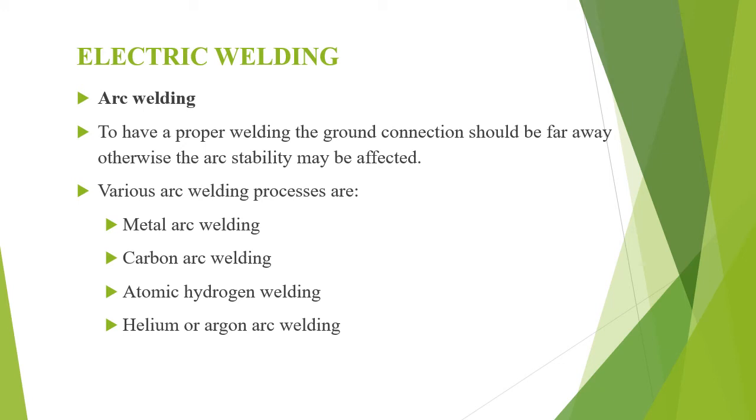To have a proper welding, the ground connection should be far away, otherwise the arc stability may be affected. Various arc welding processes are metal arc welding, carbon arc welding, atomic hydrogen welding, helium or argon arc welding.